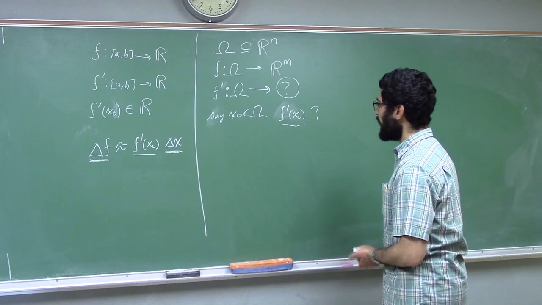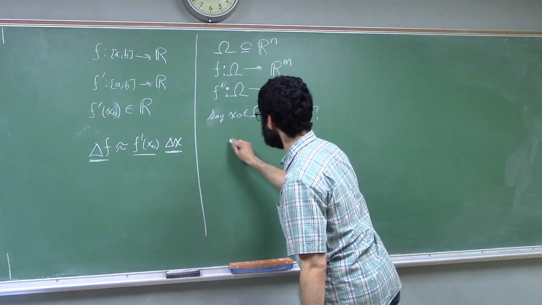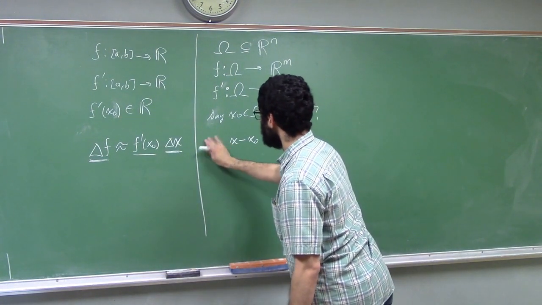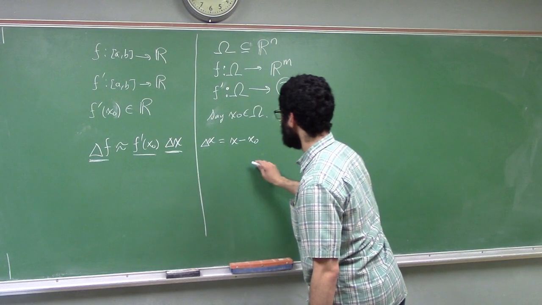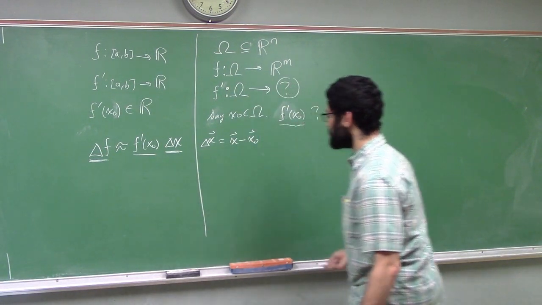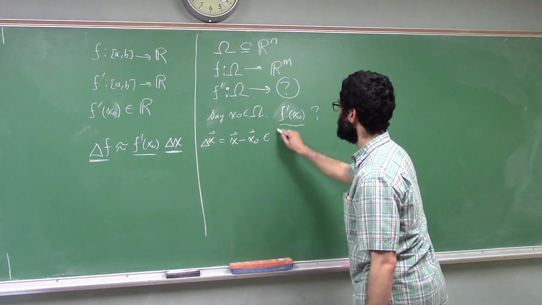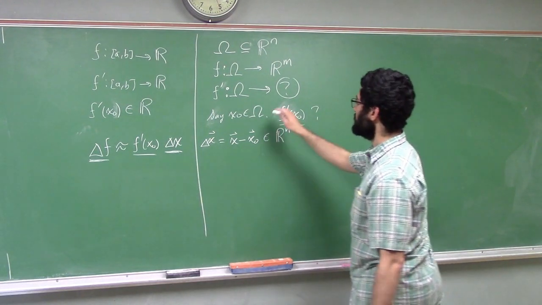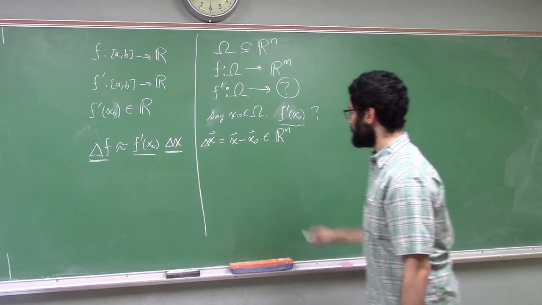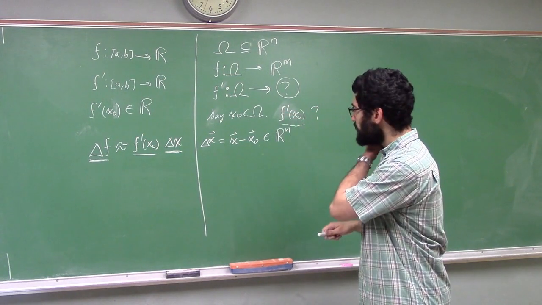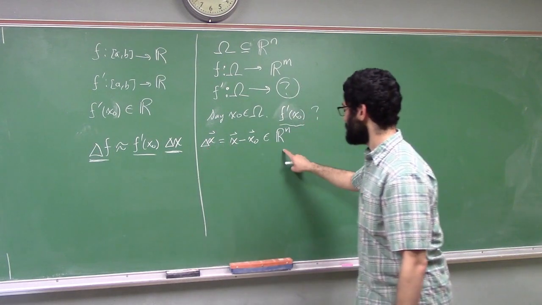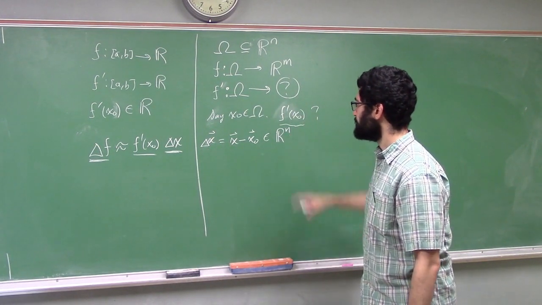So that's what this number does. So here, how can I express an input change? It's still this idea of x minus x naught, except x and x naught are going to be objects with multiple components. So these will be in Rn, where n is the dimension of the domain. So whatever this is, it's going to have to operate on delta x's that are vectors with n components.